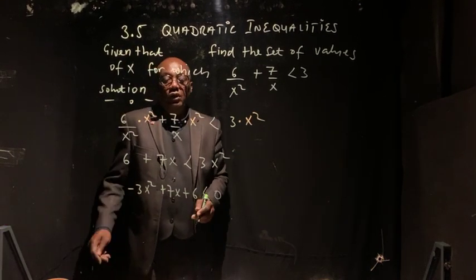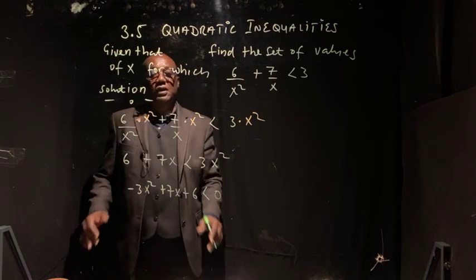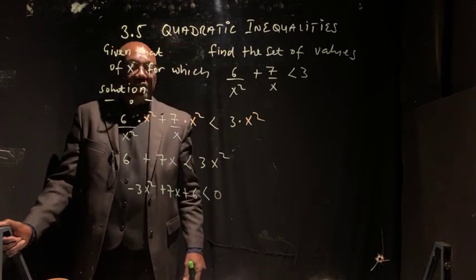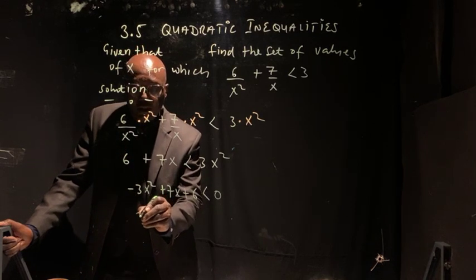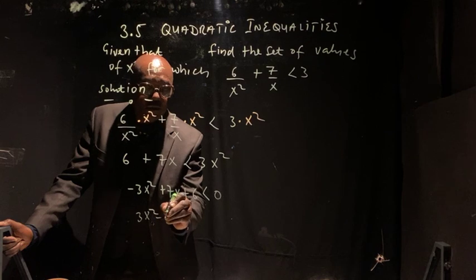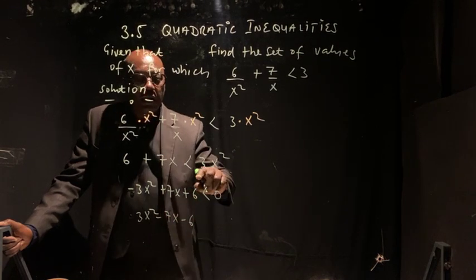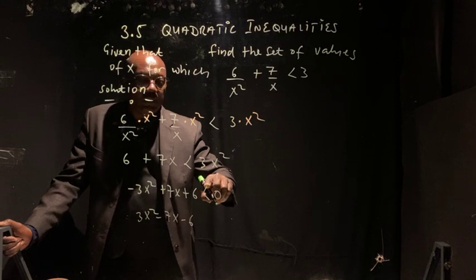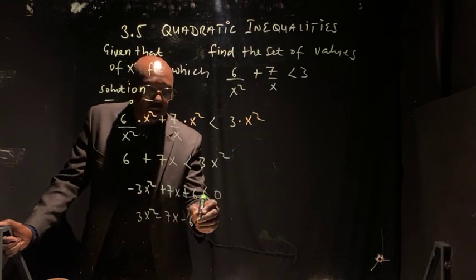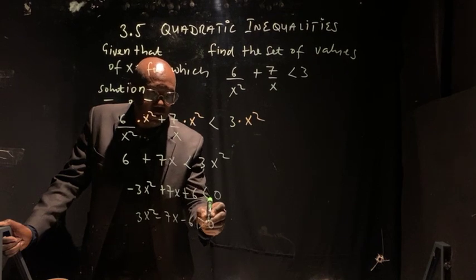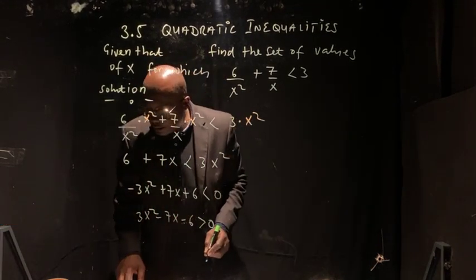We are going to multiply both sides by -1 to make our life easier. In that case, we have 3x squared minus 7x minus 6. As soon as we multiply both sides by -1, the sign changes. So at this time, it becomes greater than 0.